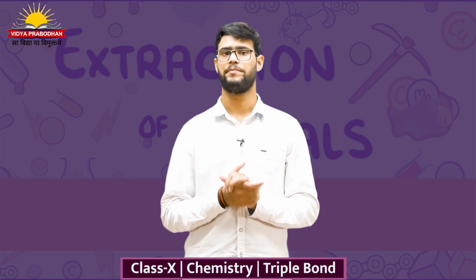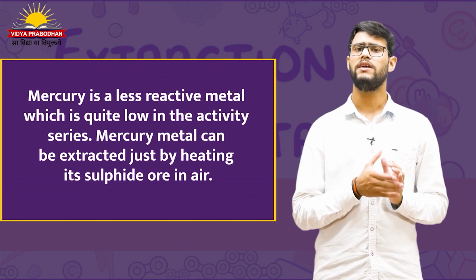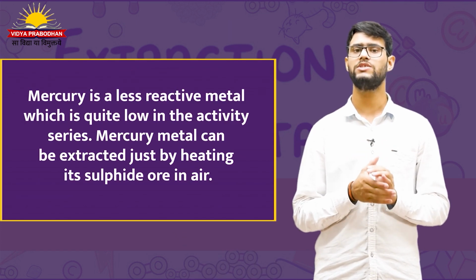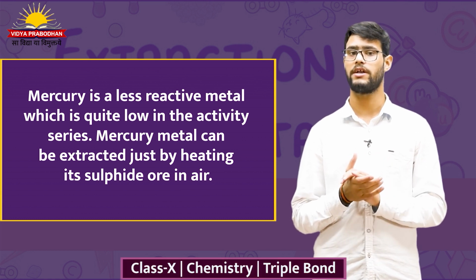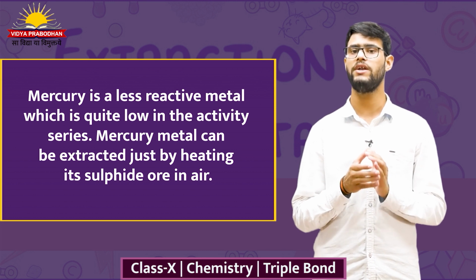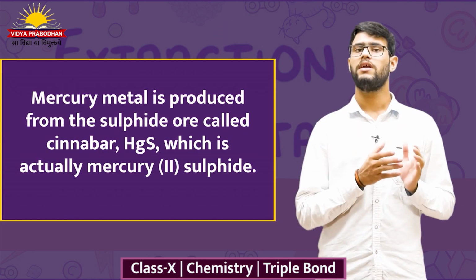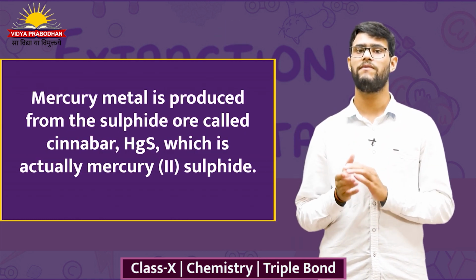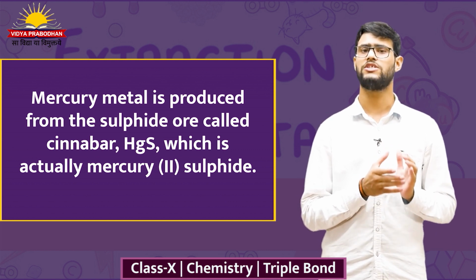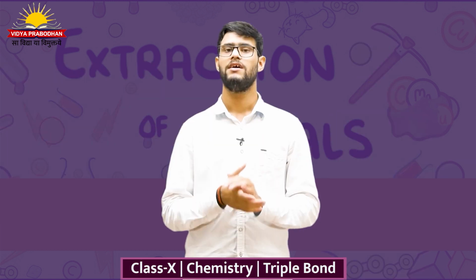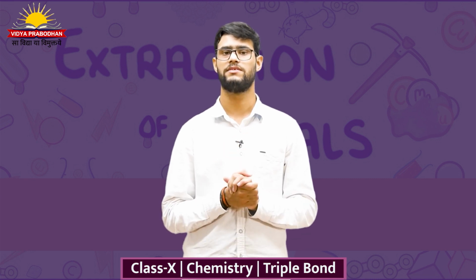This is described here. First we will see the extraction of mercury. Mercury is a less reactive metal which is quite low in the activity series. Mercury metal can be extracted just by heating its sulfide ore in air. This happens as mercury metal is produced from the sulfide ore called cinnabar, that is HgS, which is actually mercury 2 sulfide. The extraction of mercury from cinnabar ore involves two steps.